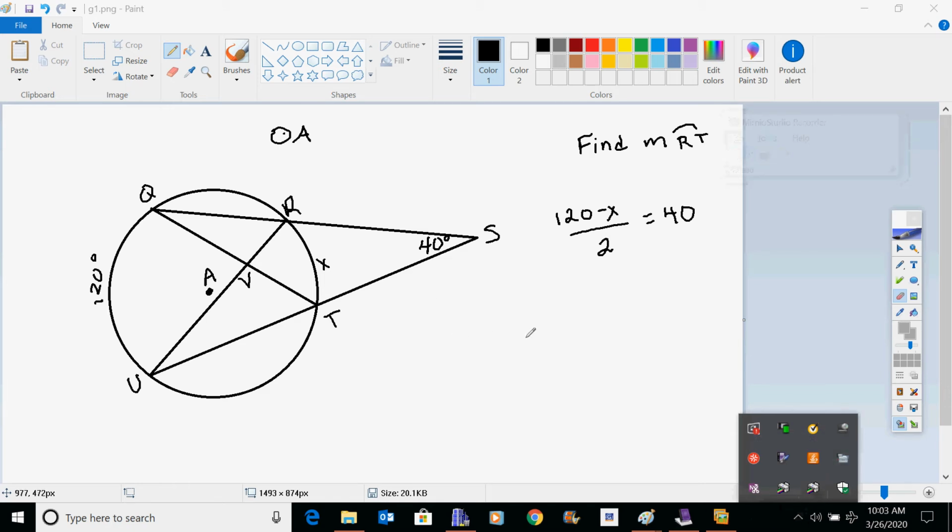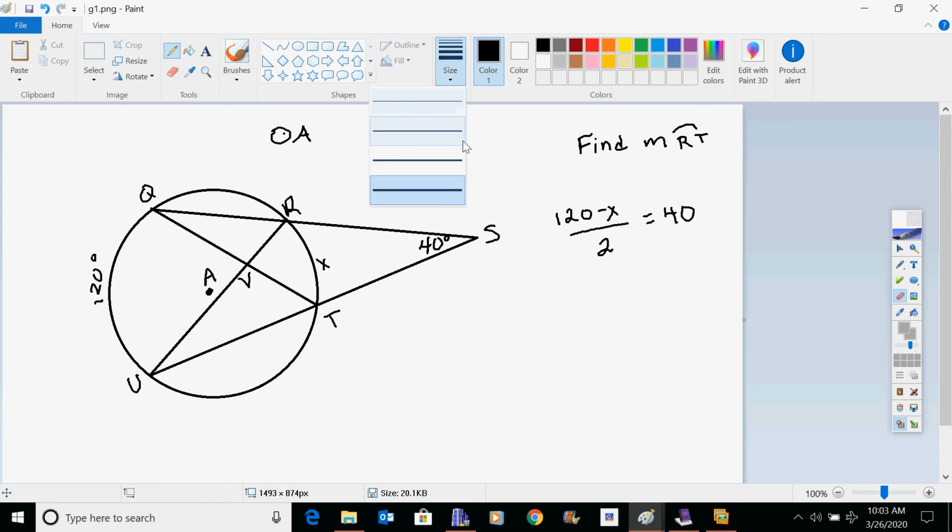Multiply both sides by 2 in order to get rid of that denominator. So 120 minus x equals 80.